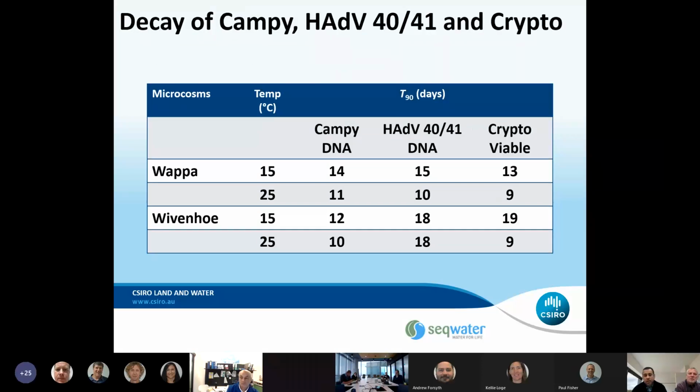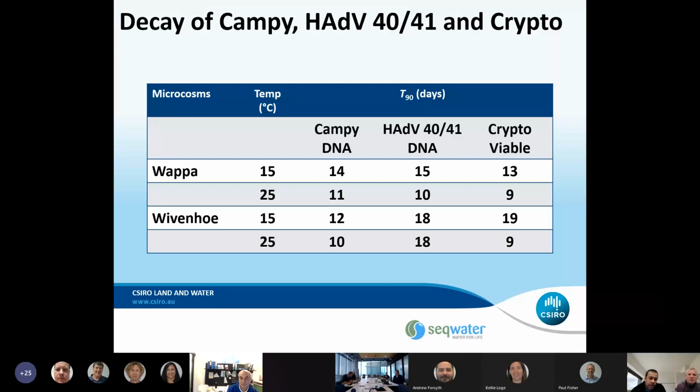This slide shows the decay of Campy, adenovirus, and Cryptosporidium. Decay of Campy and adenovirus was greater at 25 degrees centigrade than at 15 degrees centigrade for Wappa microcosms. However, for the Wivenhoe microcosm this was not the case, and I'm not clear why, but it could be due to the water characteristics as well.